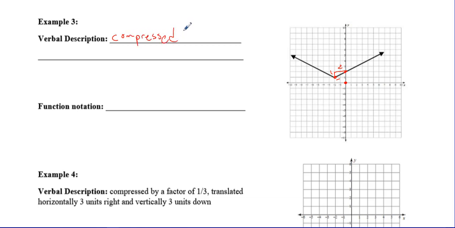So compressed by a factor of 1/2. And then I see it's been shifted to the left 2. And then it looks like it's gone up 1.